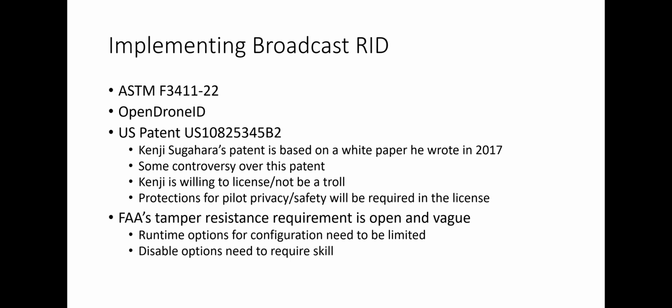If you're in any of the commercial UAV groups here in the US that are posting on Facebook, this is a fairly common problem nowadays where people are menacing the pilot. And because remote ID requires that GCS location is reported, part of what Kenji wants out of this patent going forward is some provisions for safety on the pilot to prevent someone from harassing the pilot.